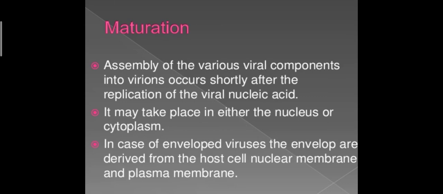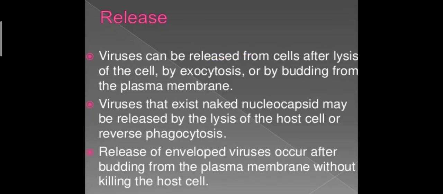That depends upon the enveloped virus and non-enveloped virus. In case of enveloped viruses, the envelope is derived from the host cell, nuclear membrane, or plasma membrane. Then the release: moving out of the daughter viruses from the host cell to outside.